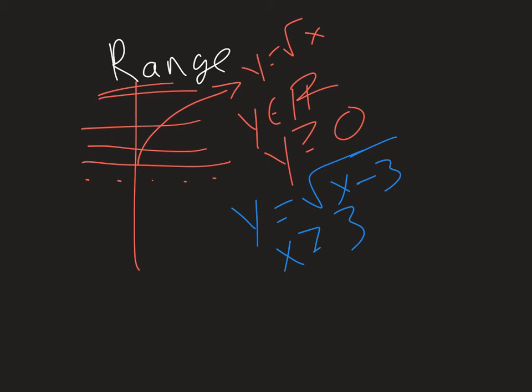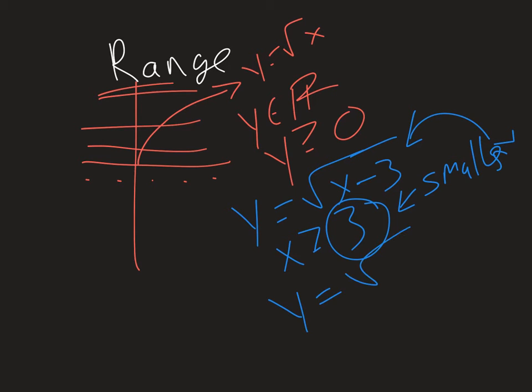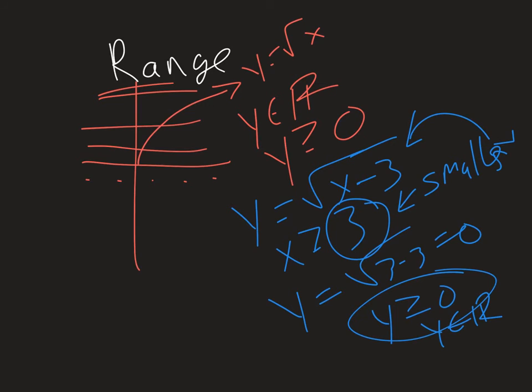So I'm going to plug in my smallest value and see what we get, because that would tell me what my smallest y value is. In this case, y is going to equal the square root of 3 minus 3, which is 0. So y has to be greater than or equal to 0. It doesn't change from the default. And again, y has to be a member of the real numbers. That would be my range.